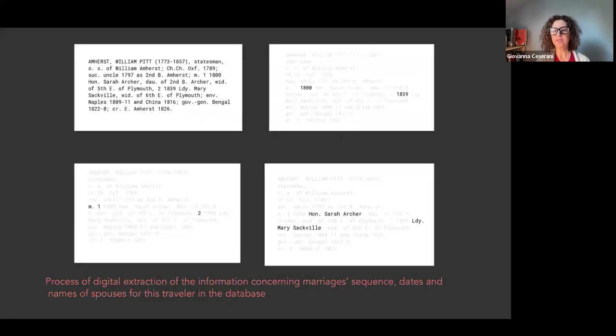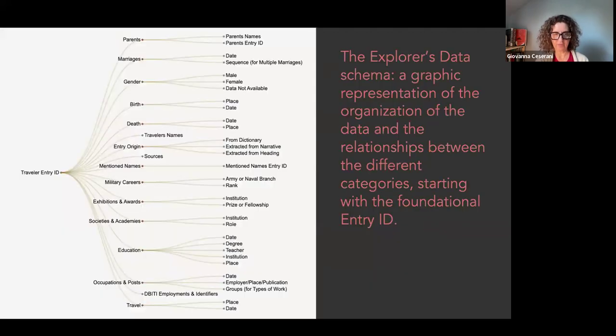This was a very iterative process that yielded a great richness of information on an unparalleled number of 18th century Grand Tourists concerning their itineraries in Italy and their lives before and after the Grand Tour.